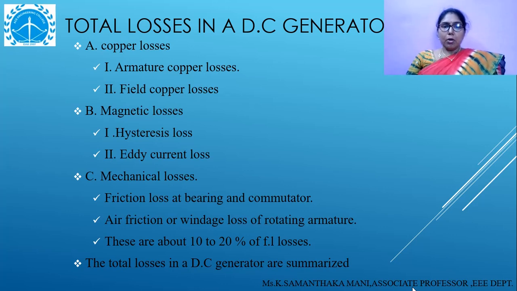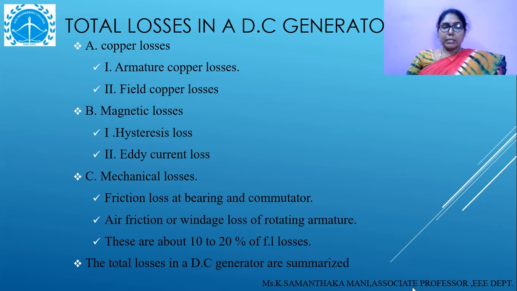This eddy current loss is because the EMF induced in the iron material causes a current to flow in the material, and this current accounts for eddy current loss. Eddy means very small in nature, so these currents will be very small. So these are called eddy currents, and the loss concerned with that is called eddy current loss.